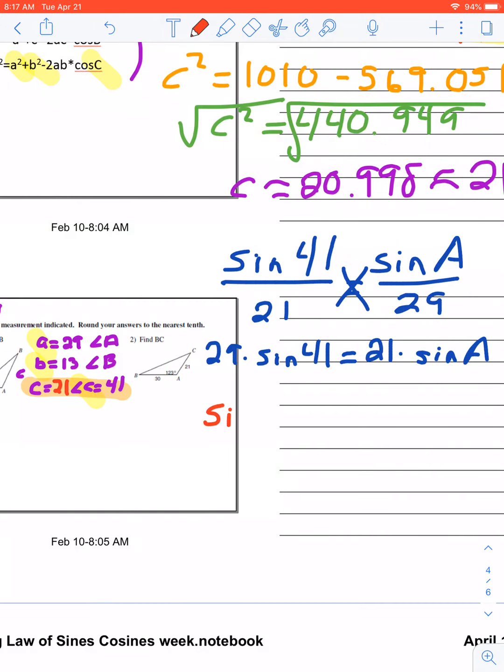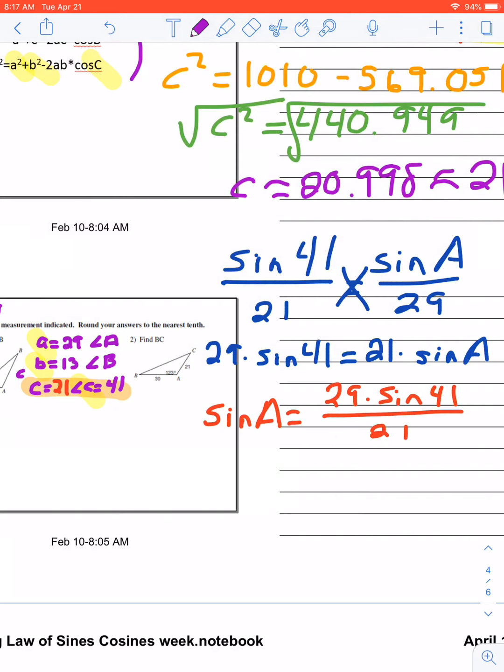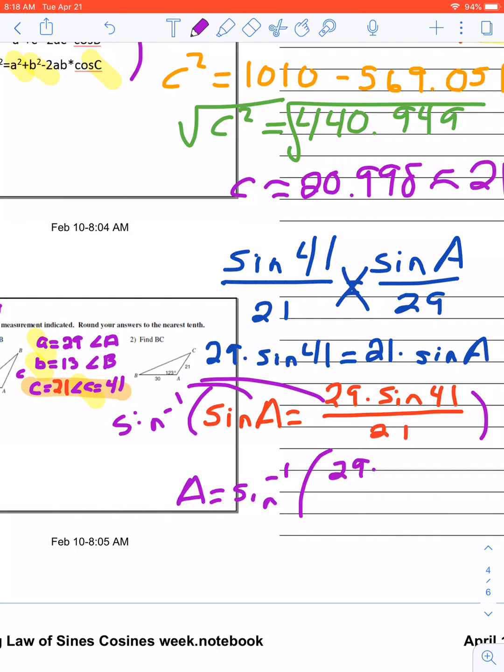I'm going to flip this so it makes more sense: sine A equals 29 times sine of 41 over 21. Just like in right triangle trig, to get rid of sine, I multiply by the inverse function, and I have to do it to both sides to be mathematically correct. So A equals the sine inverse of 29 times sine 41 over 21.